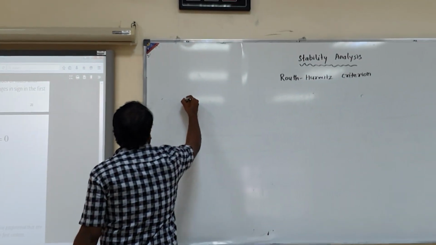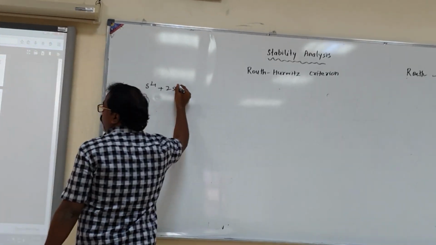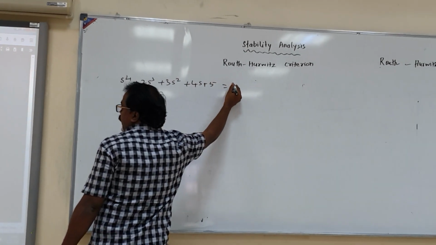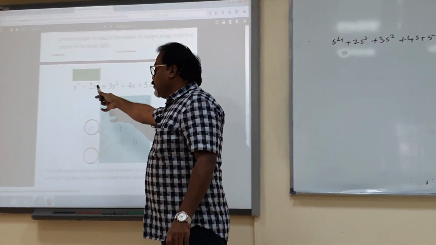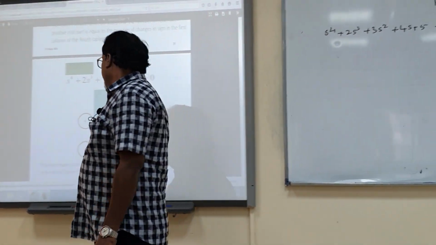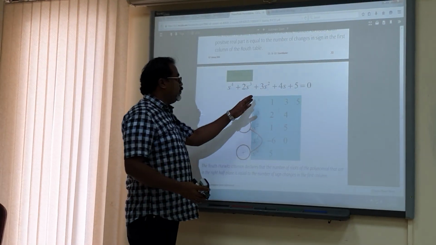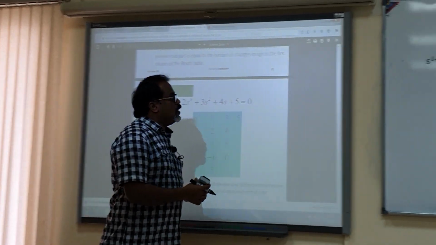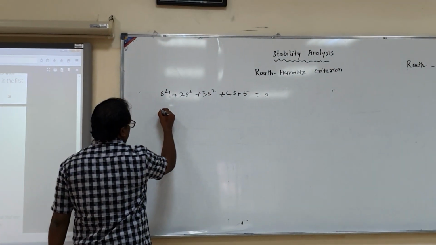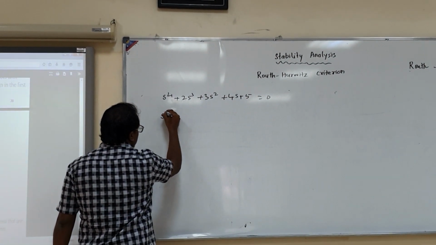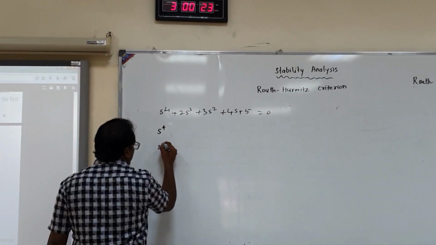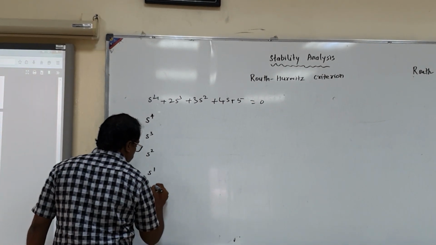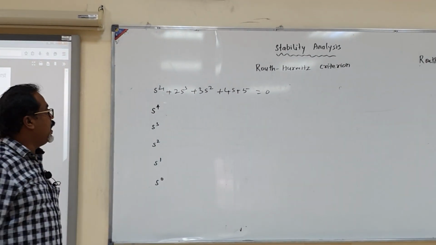If you take a characteristic equation like this, first you have to write vertically, the maximum power is s power 4. So you have to write s power 4, s power 3, s power 2, s power 1 and s power 0, in descending order vertically.